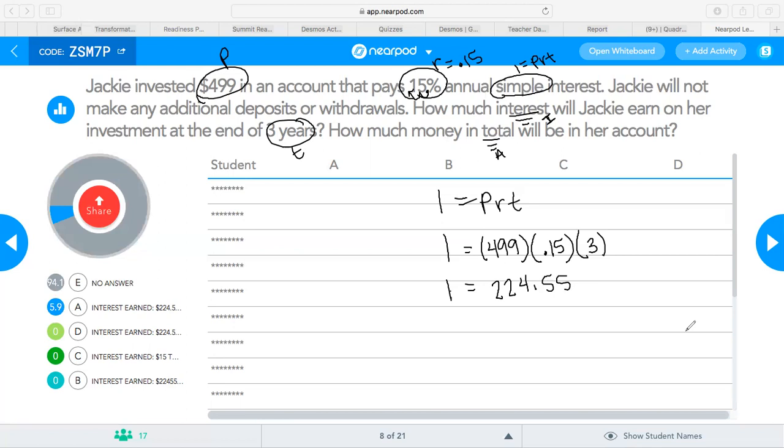That's the amount of interest. So after 3 years, my money had $224.55 extra added onto it. This is my extra. Without me doing anything, my bank account added $224.55 to the original amount I put in. This is the interest.